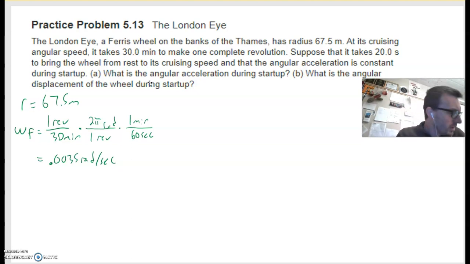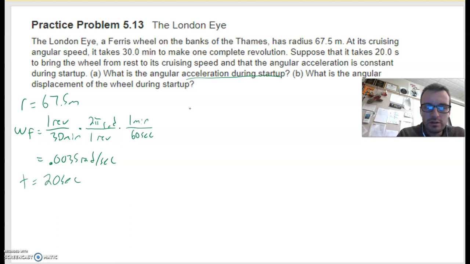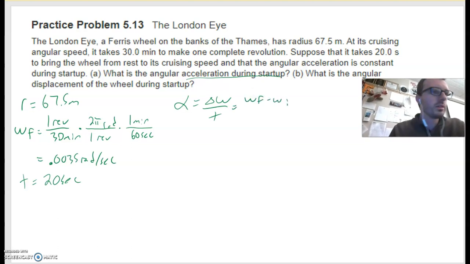Let's keep trucking. It says it takes 20 seconds to bring the wheel to that speed. So t equals 20 seconds to get there. And it says it's constant. What's the angular acceleration during startup? So angular acceleration is going to be our delta omega over t, which is omega final minus omega initial over t, which is that guy.